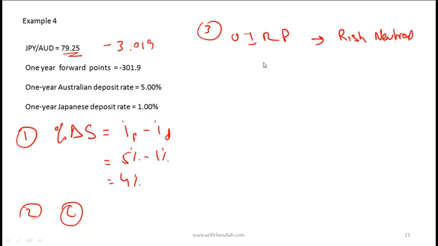Then question 4, forecasting that Japanese yen to Australian dollar spot rate 1 year from now will equal 79.25 assumes what? Now, if we are assuming that over the next 1 year the spot rate will remain the same, then obviously we are not assuming that uncovered interest rate parity holds.